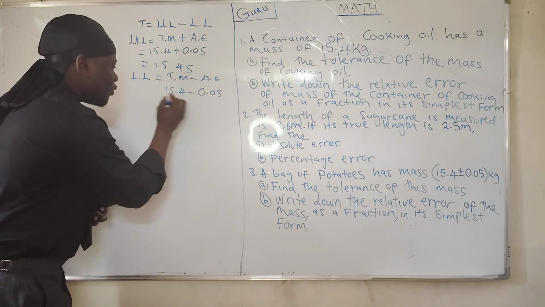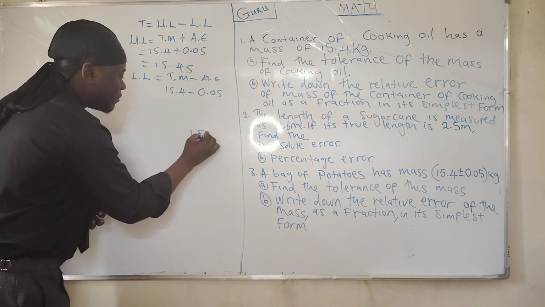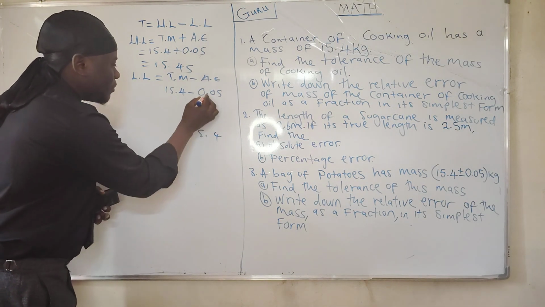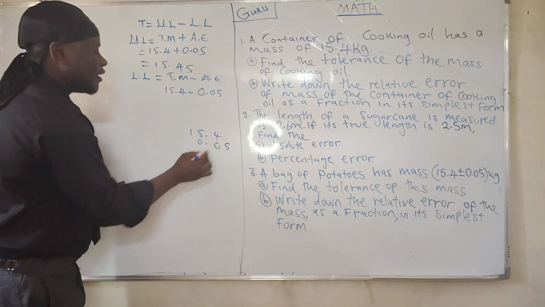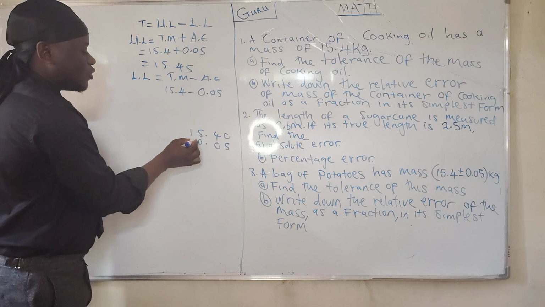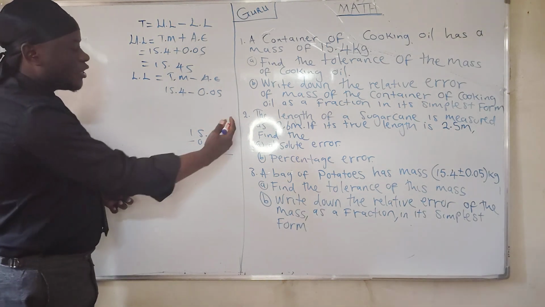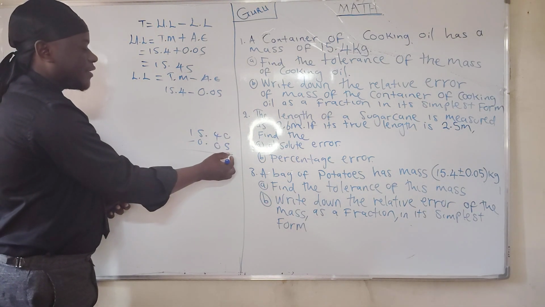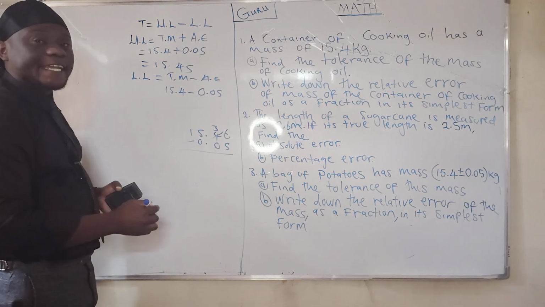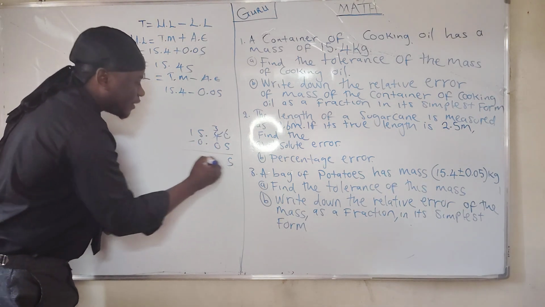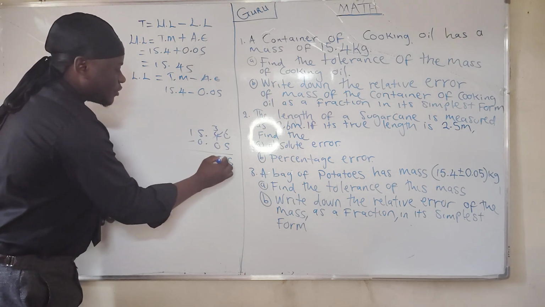So what you do here, if you want to subtract, you get 15.4. Then now the point will come here, 0, 5. Then 0 will come here. Then here there is nothing, meaning there is 0. We are subtracting. You start from this side. 0 minus 5, it can't. Get 1 here, you remain with 3. 1 will come here, 10. 10 minus 5, 5. 3 minus 0, 3.